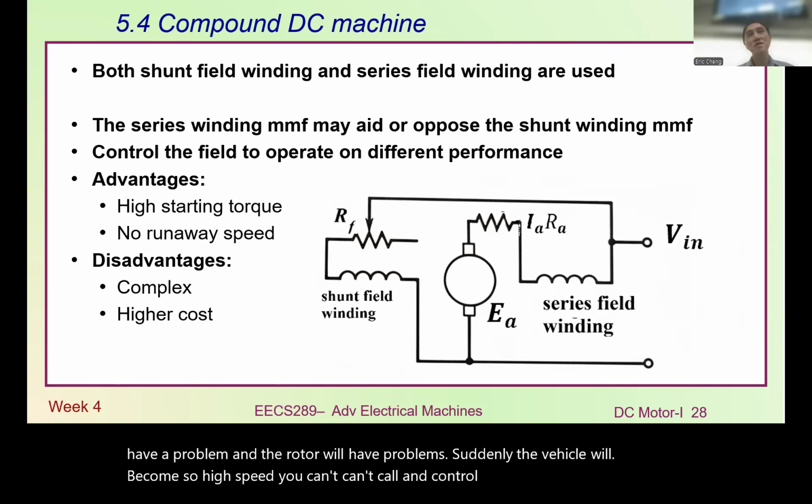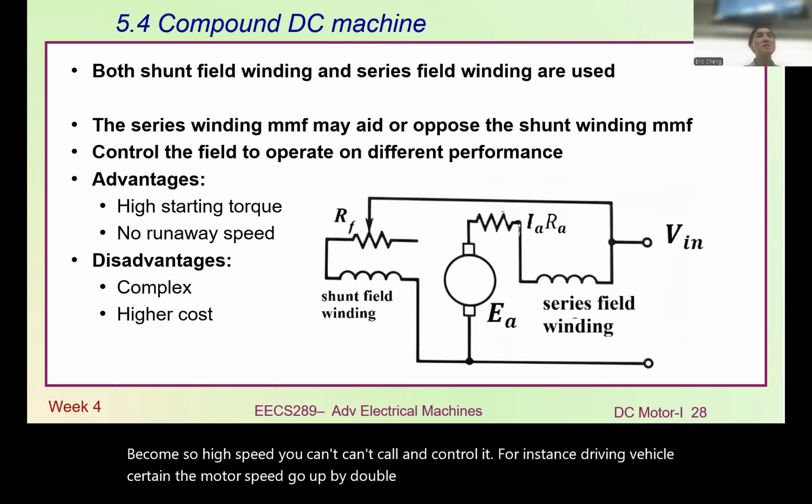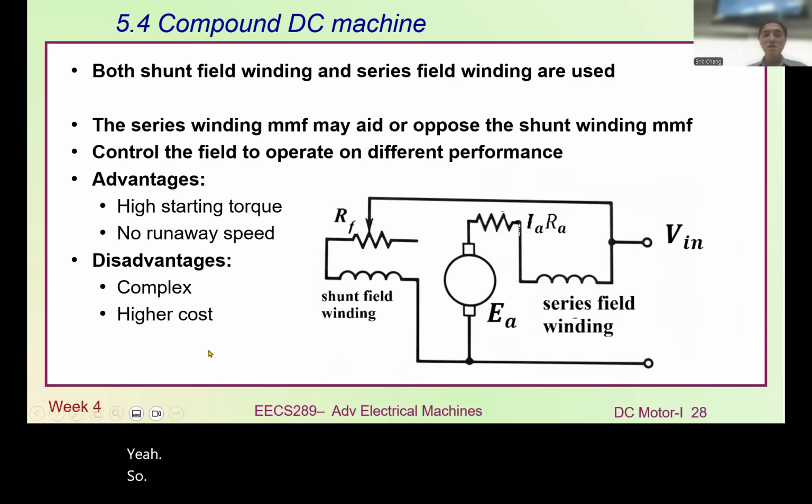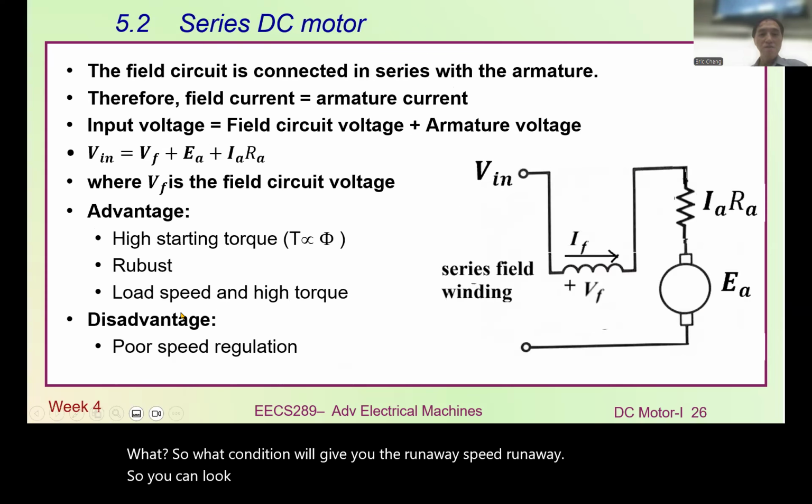For instance, when you drive a vehicle, suddenly the motor speed goes up by double or 3 times, you will be frightened. So what condition will give you the speed runaway? You can look at the equation here.